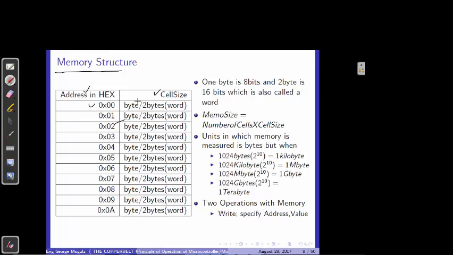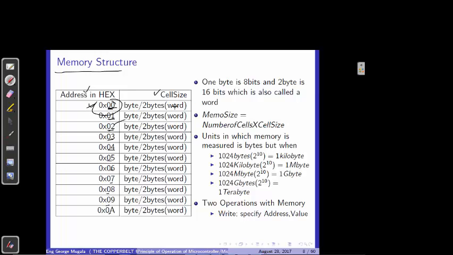For example, this is 0x00. These are the main ones you need to concentrate on, to tell that these are hexadecimal values that we adopt. And this particular address, for example, represents cell number 0 in this case.